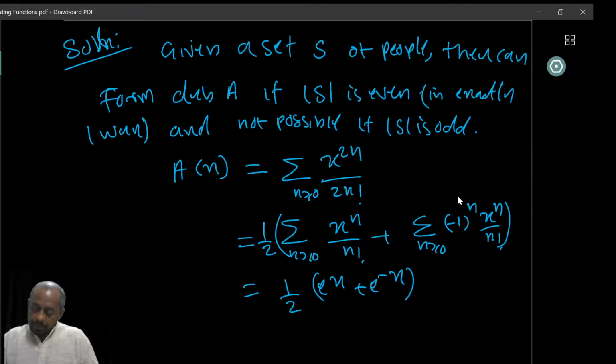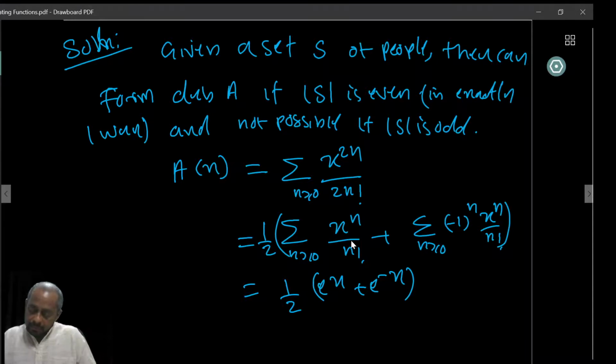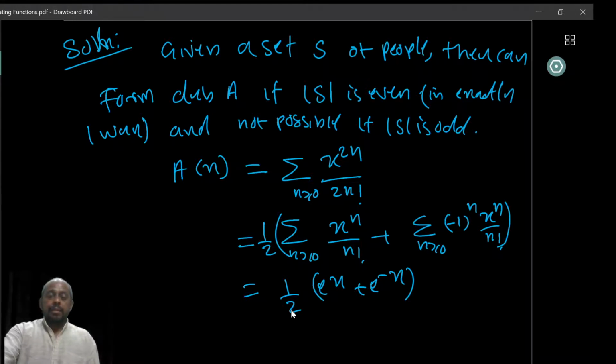So the odd terms cancel out, 2 times x raised to 2n by 2n factorial will survive, so therefore you have to divide by 2. Right? That's why.